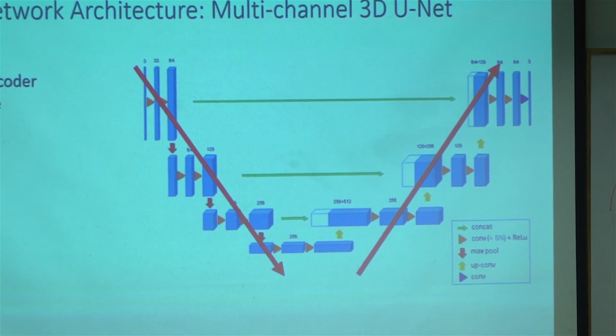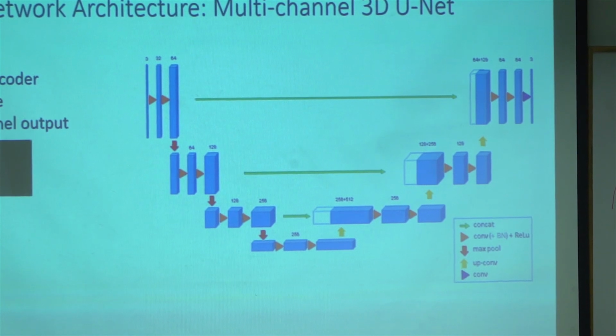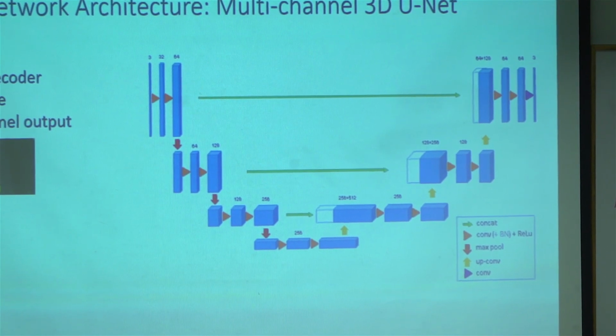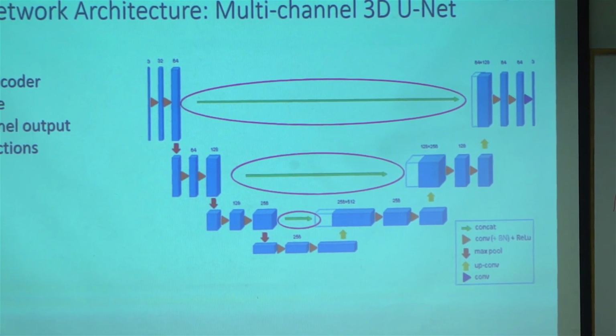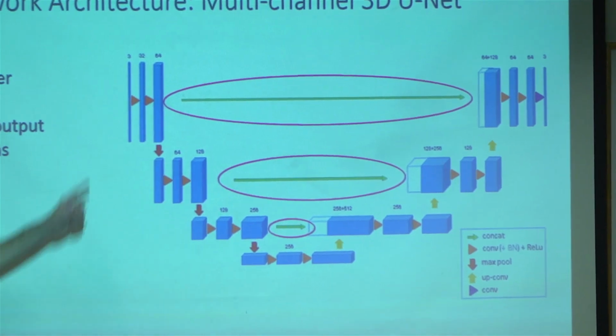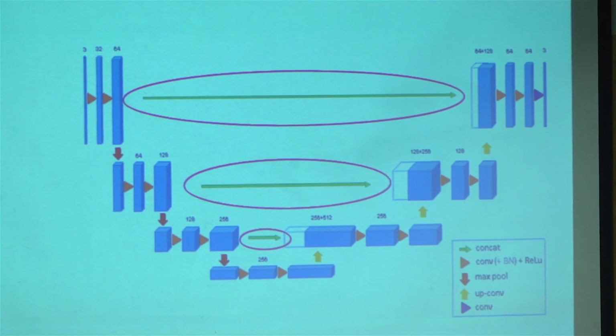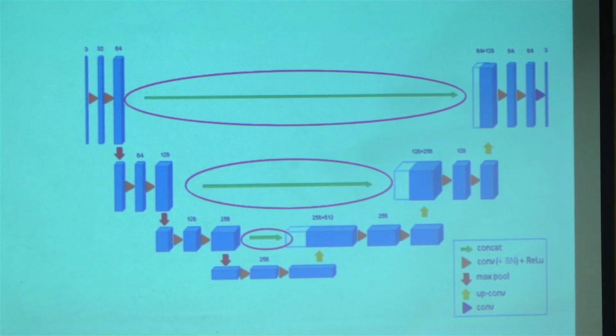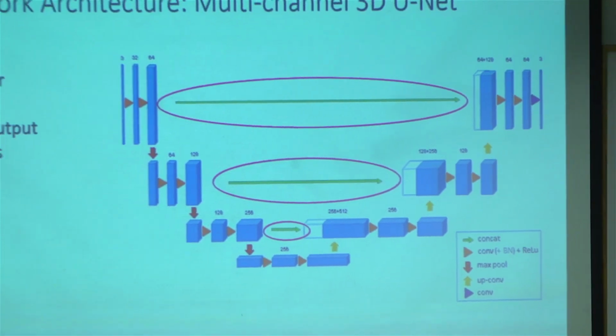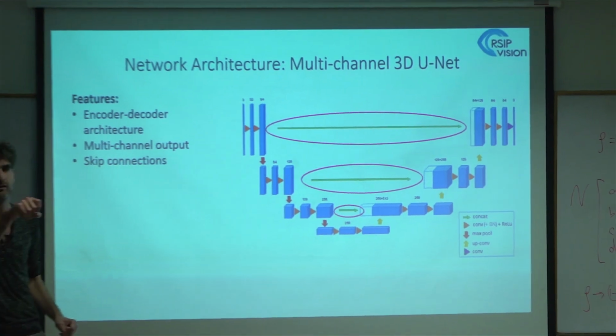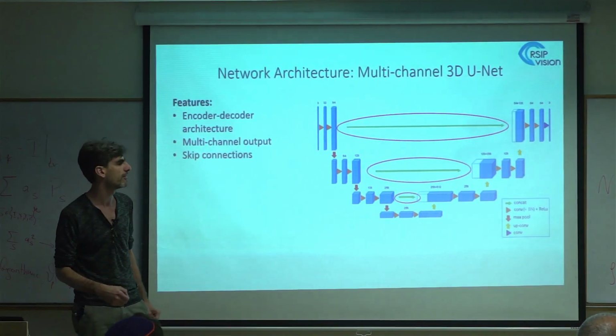Very typical architecture. The output, as we said, is multi-channel. And we have these skip connections. So if we just go down here and then all the way up here, we're going to lose a lot of the local information. So maybe we'll know that there's something here that looks like some area of a pedicle. A pedicle is a certain anatomical part of the vertebra.